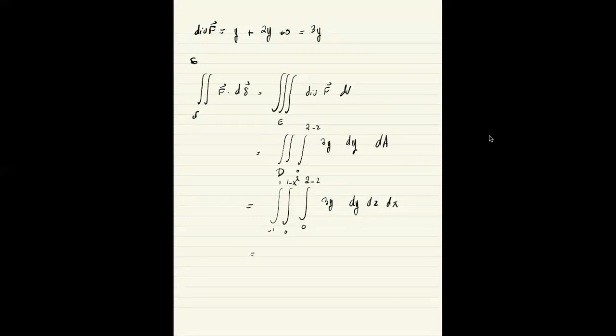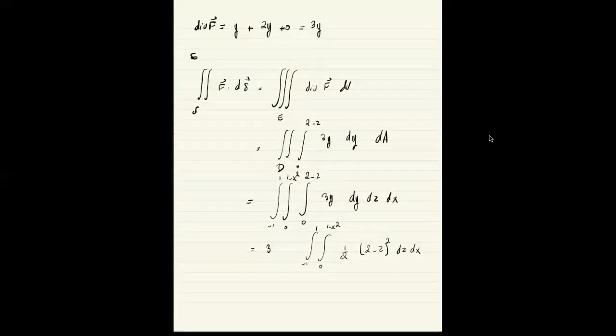This is 3 times the integral from minus 1 to 1, from 0 to 1 minus x squared, of 1 over 2 times (2 minus z squared) dz dx, which is equal to 3 times the integral from minus 1 to 1 of minus 2z over 6 cubed dx.